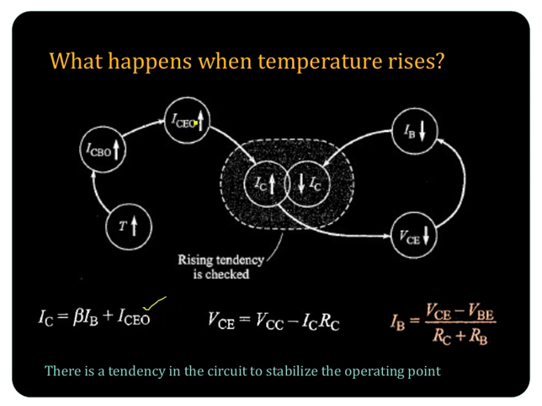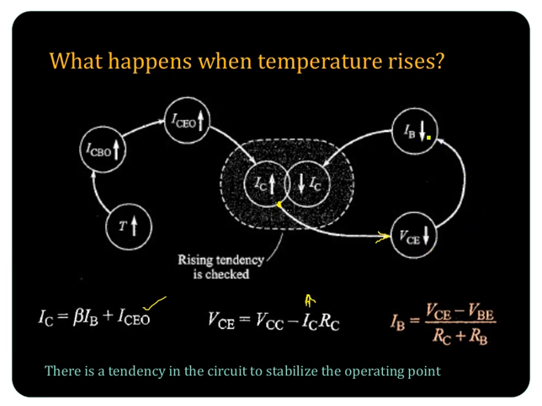So as ICEO increases, again IC will increase. After that, what happens? When IC increases, we have this expression VCE equal to VCC minus ICRC, which means as this term IC RC increases, VCE will decrease. That is shown here.